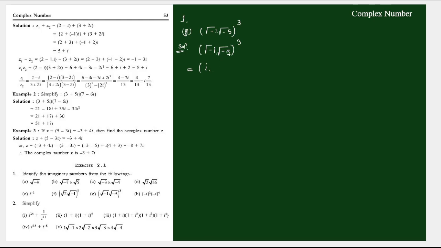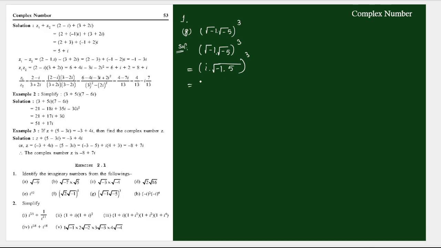Then we can break this root over -5 as root over -1 into root over 5. We can write them separately here like this.